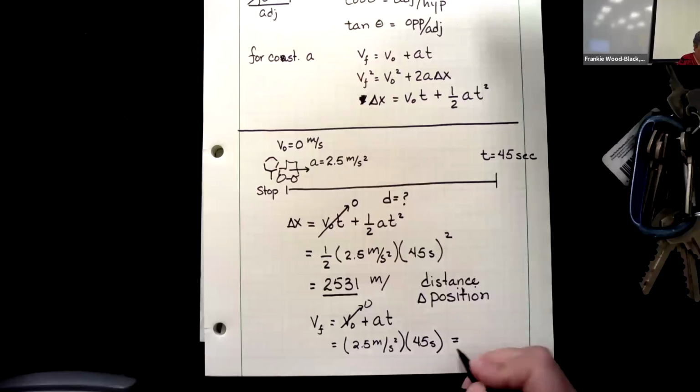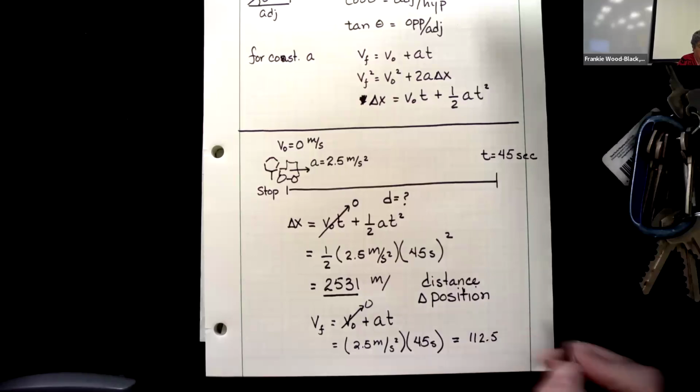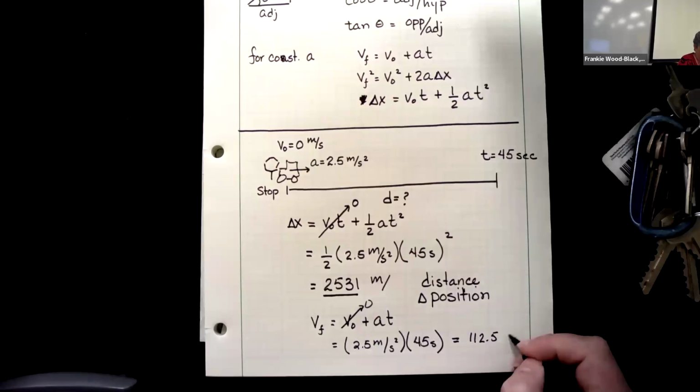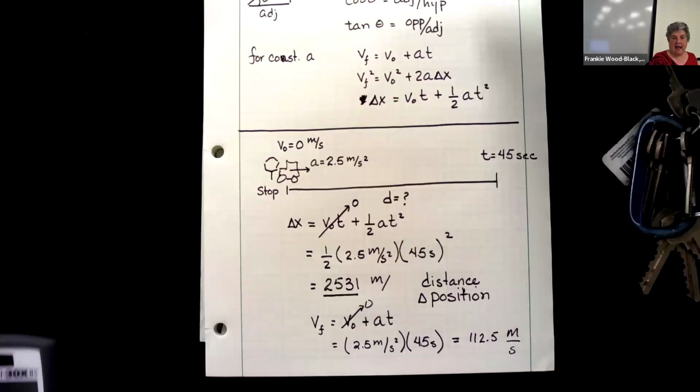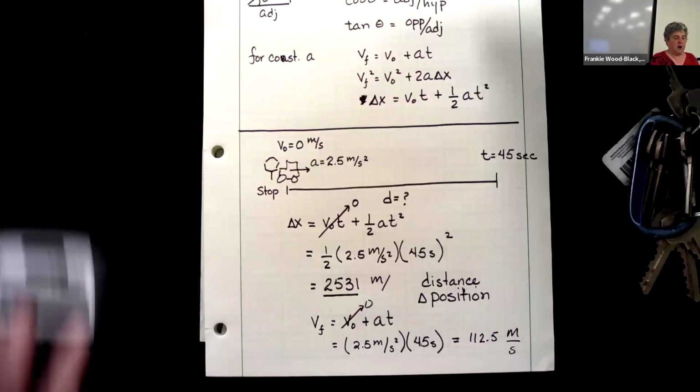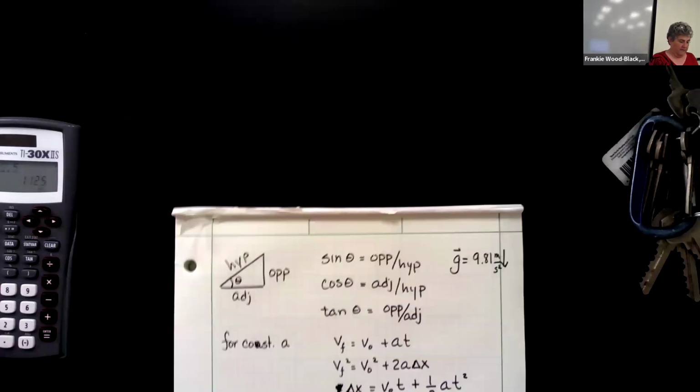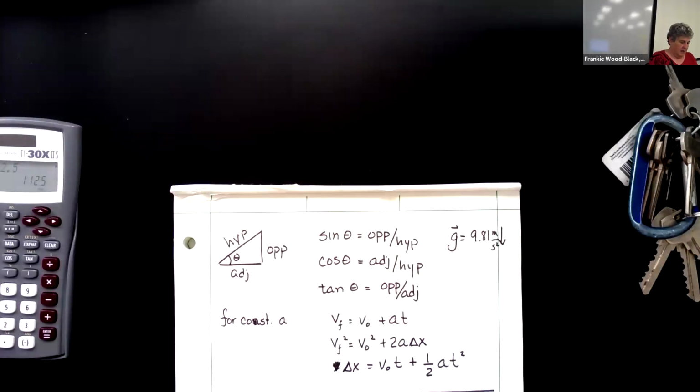So the final velocity is actually 112.5 meters per second. And again, those may not be reasonable because I made up numbers. I didn't actually look at actual numbers. So that's another type of problem that one might have in one dimension.